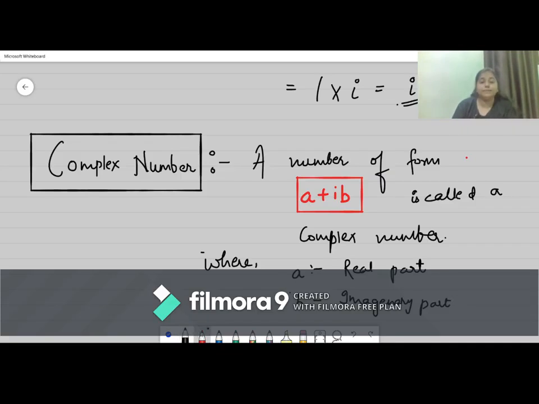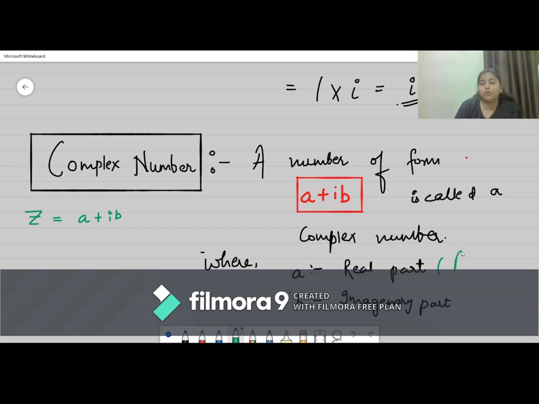Now, you should note that the complex number, इसको हम represent कैसे करते हैं? How do we represent a complex number? Complex number is represented by Z is equals to A plus IB. ठीक है?